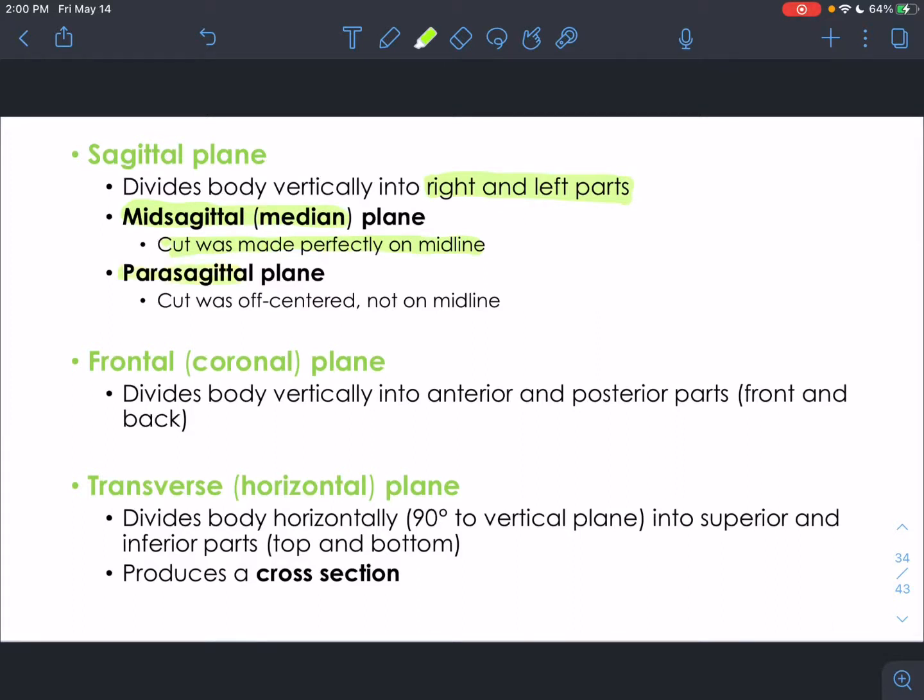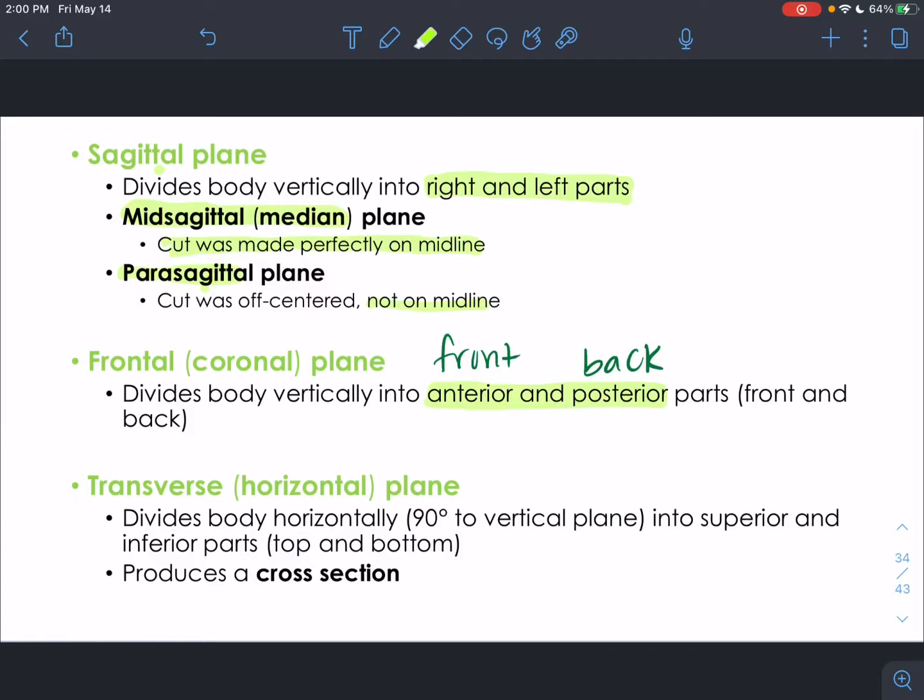Parasagittal is any cut that's not on the midline. Okay, so parasagittal and sagittal are kind of interchangeable. Mid-sagittal is right down the middle. A frontal or coronal plane divides the body in an anterior and posterior, a front and back. Right? Anterior is front, posterior is back. So a frontal divides into a front and back part.